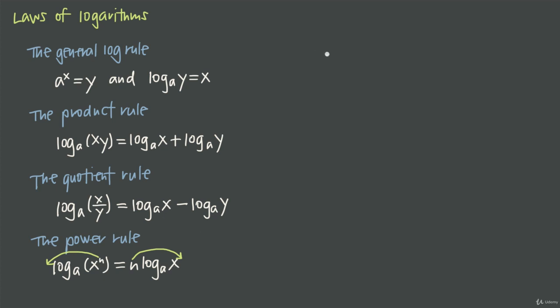So if we look at an example, let's say we have 2 times log base 5 of 10 minus log base 5 of 4. And we want to try to simplify this as much as we can. When we first look at this, we notice that we might be able to use the power rule for logs because we have this 2 multiplied by log base 5 of 10.